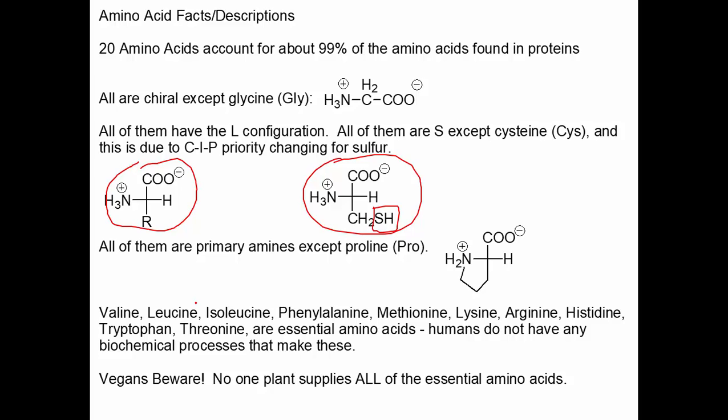If you're a vegan, you have to be aware that there's not a single plant that provides all of these, so you have to vary your protein sources among beans and nuts and grains and things like that, so that you get all of them. Whereas your average steak would provide all of them.